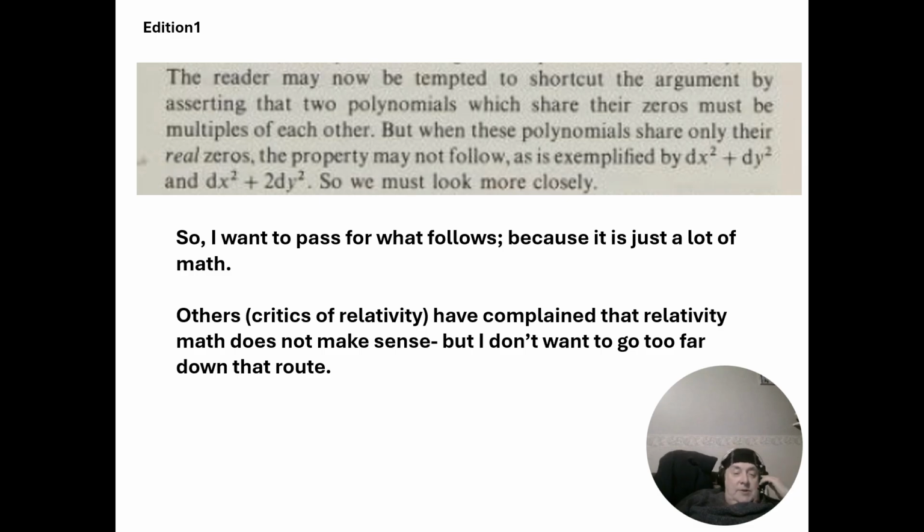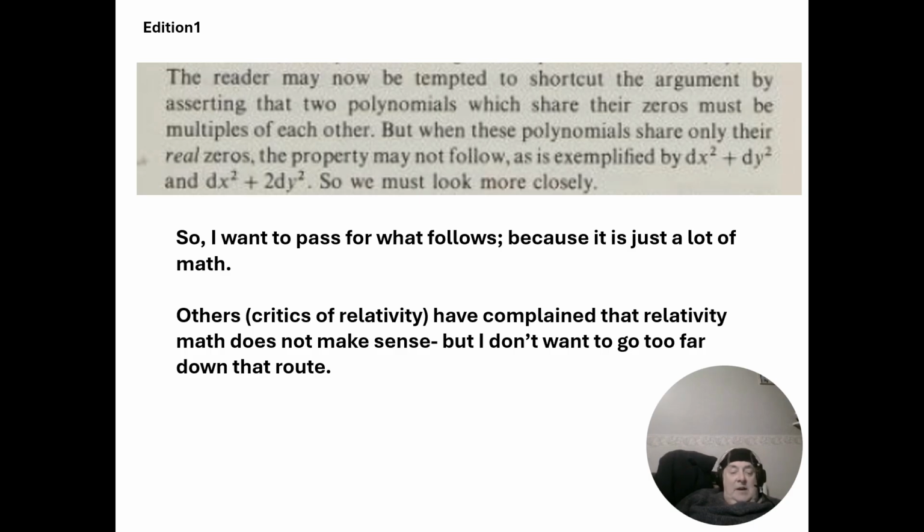Anyway, edition 1 of the book carries on to say, the reader may now be tempted to shortcut the argument by asserting that two polynomials which share their zeros must be multiples of each other, and then so forth. And so I want to pass on what follows, because it's just lots of maths.